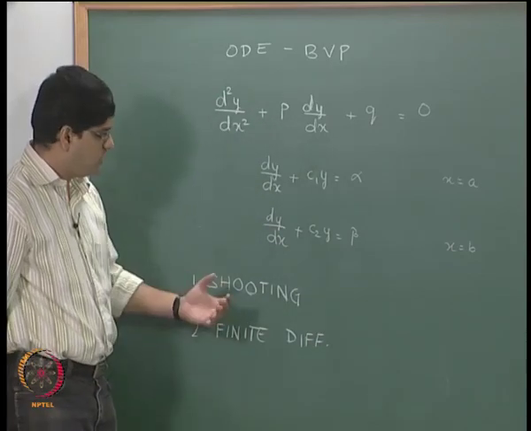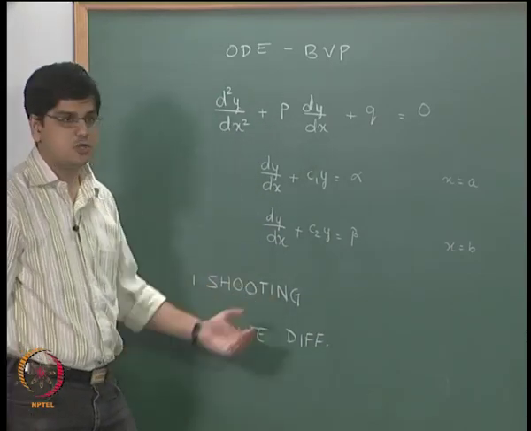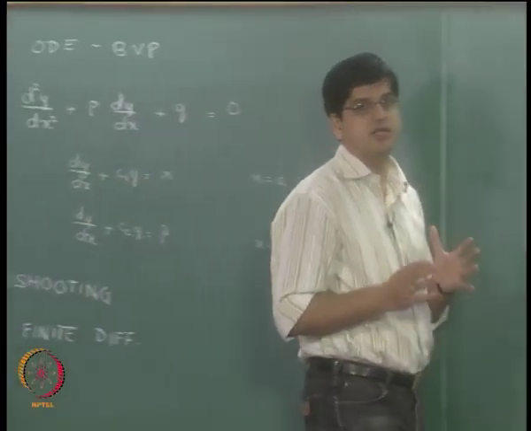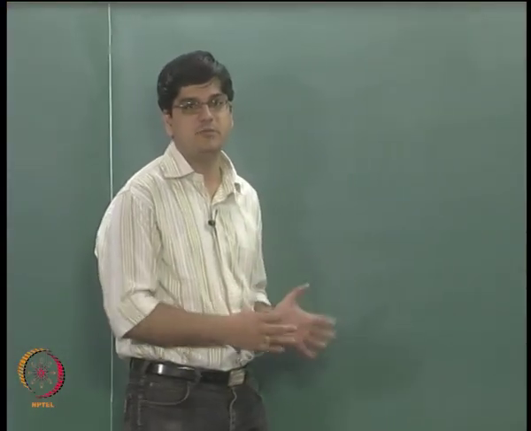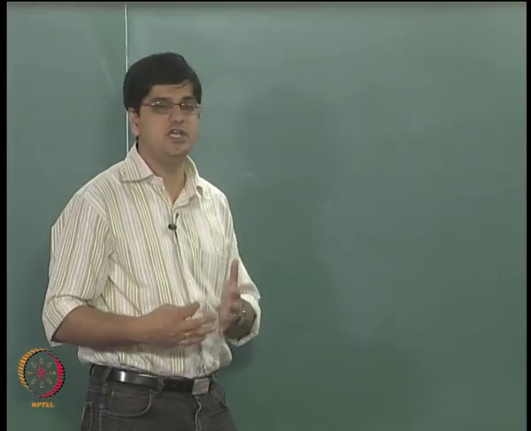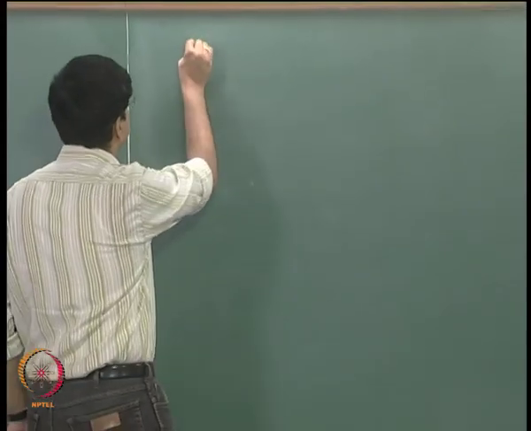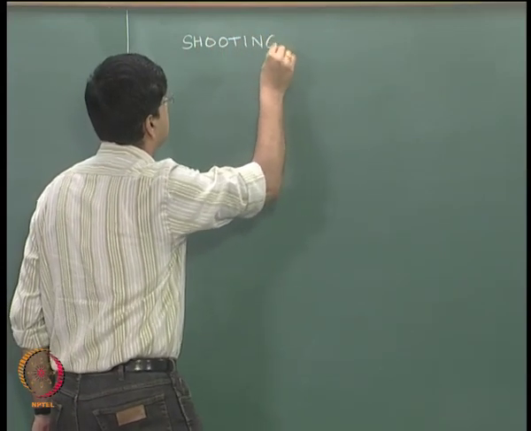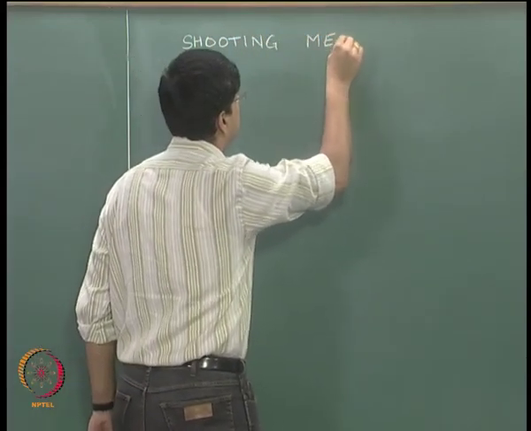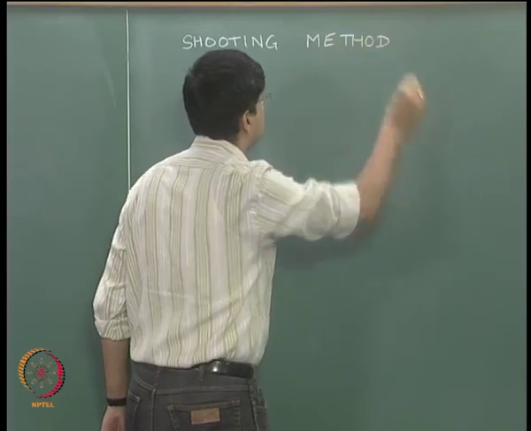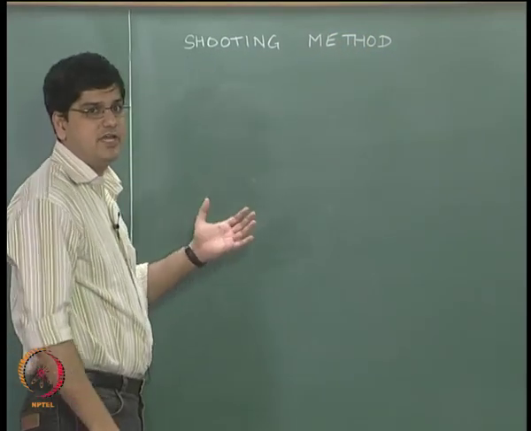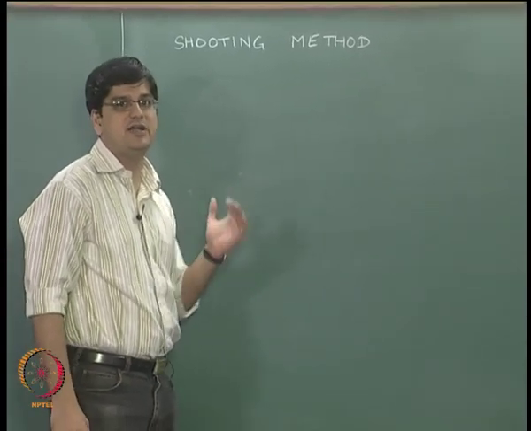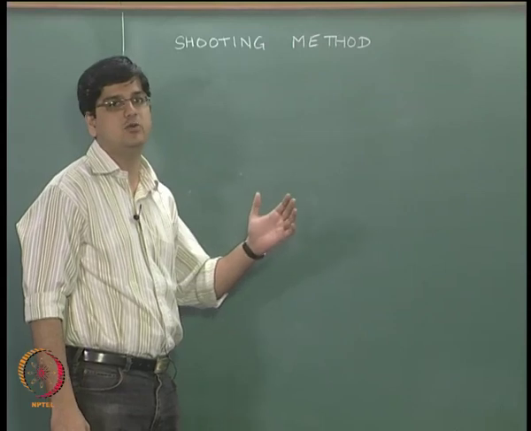Okay. So let us first talk about the shooting method. In the shooting method, what we do is we convert the ODE boundary value problem into an equivalent ODE initial value problem. So we will have the same ODE, d square y by dx square plus p dy by dx plus q equal to 0.